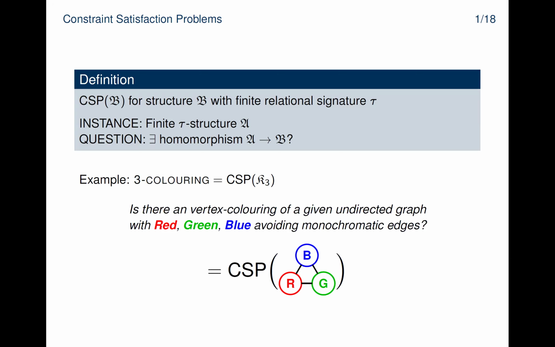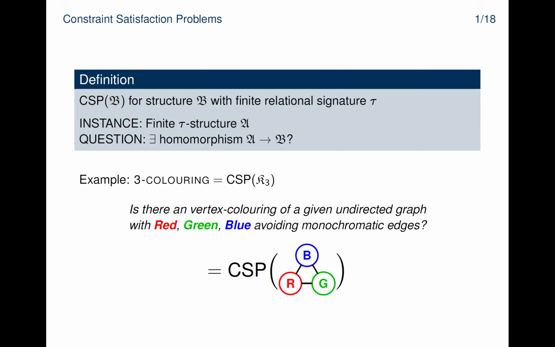So what is the standard definition of the 3-coloring problem? We're asking whether there exists a vertex coloring of a given undirected graph with 3 colors, let's call them red, green, and blue, which avoids all monochromatic edges. And this can be seen as a CSP of the complete graph on 3 vertices, because the only thing that is forbidden in a complete graph on 3 vertices are loops, right?